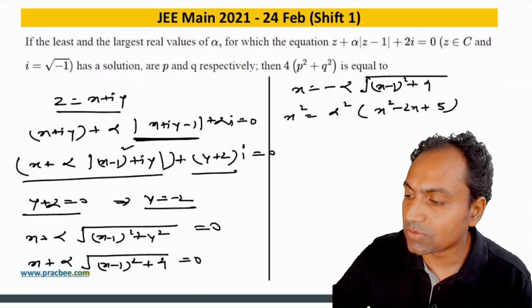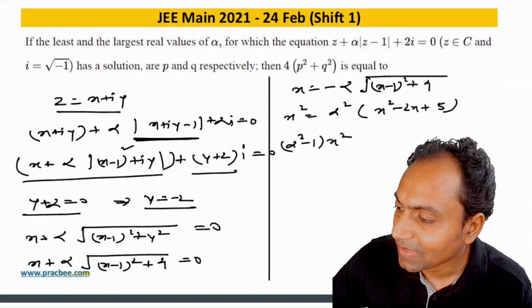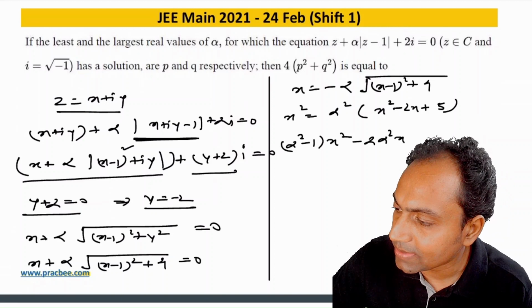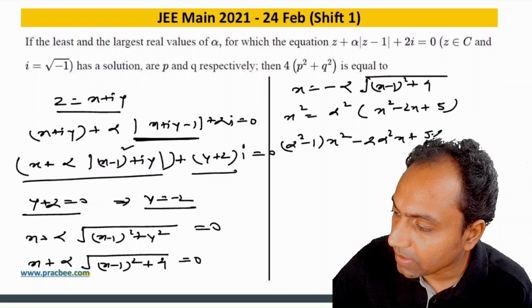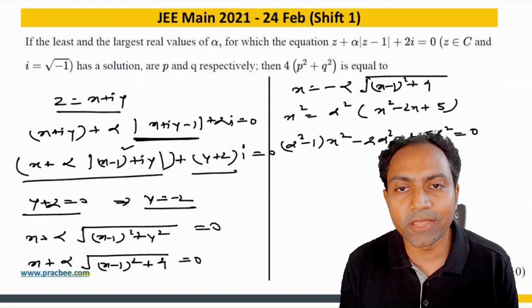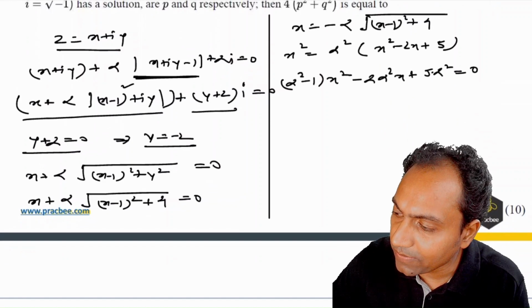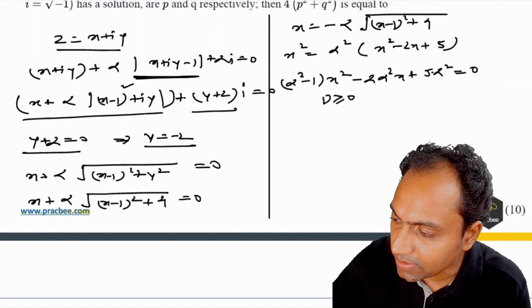If I simplify this, what I'm getting is (alpha square minus 1) into x square minus 2 alpha square x plus 5 alpha square equal to 0. Now this is a quadratic equation in x, and this equation is going to have real roots only when the discriminant of this is greater than or equal to 0.